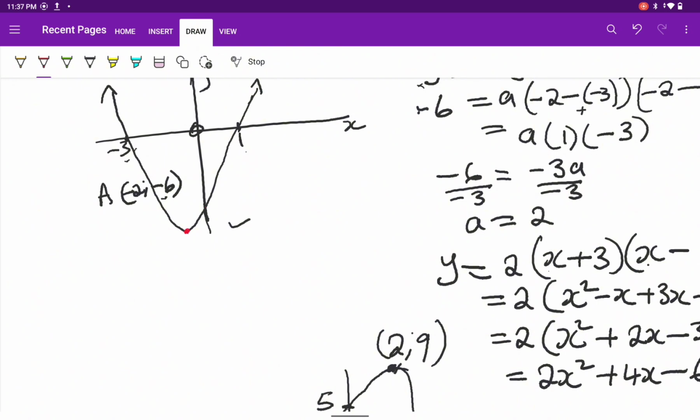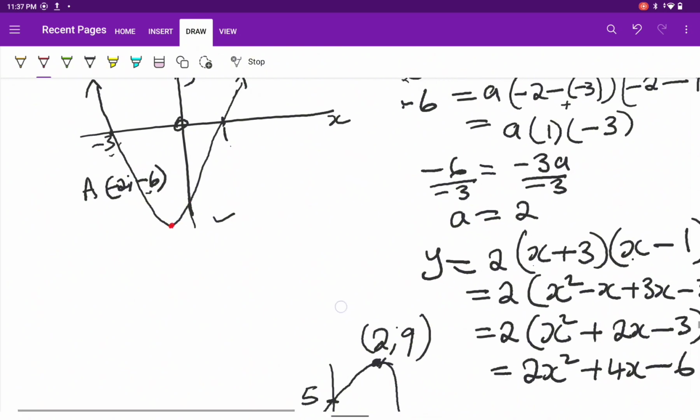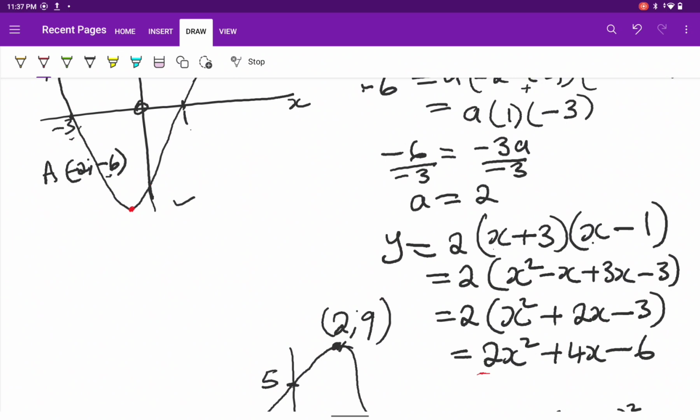We go to the equation. Remember the equation, we said it is y equals 2x squared plus 4x minus 6.